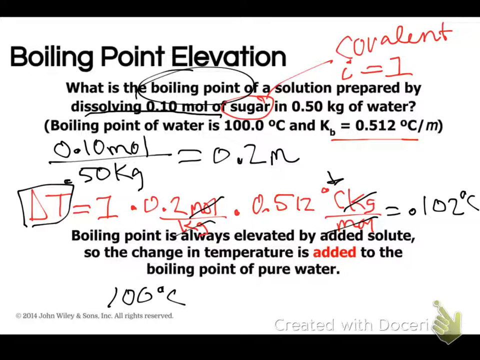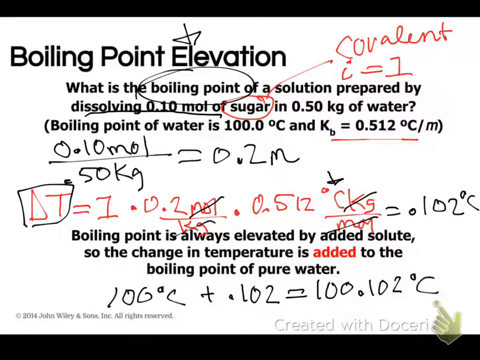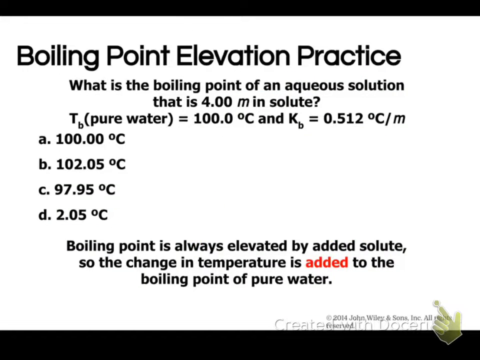So if it starts at 100 degrees, it's elevated, so that means I'm going to add the delta T. So our final boiling point is just a little bit higher than the pure solvent. Okay, so that's boiling point elevation. We add because it's elevated.